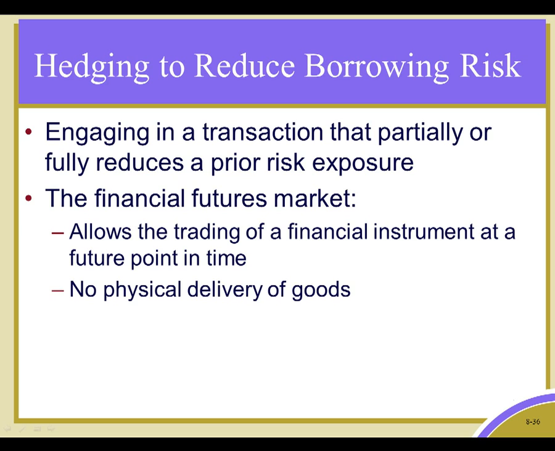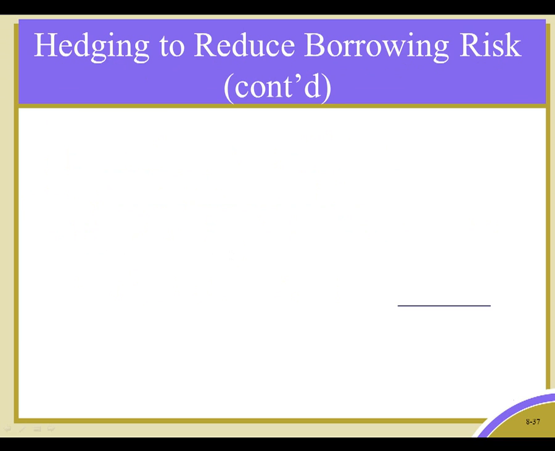So we're going to enter into a transaction, and at the end of the time period, when we get to that point in the future that we have promised to make a delivery, if we have bought a future, at some point down the road we have to sell a future, and those two cancel out. If we buy one and sell one, those cancel out. The question is, did we buy it for more than we sold it for? So let's consider an example.